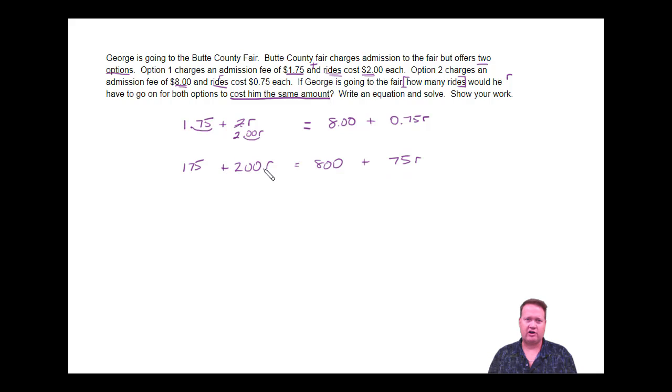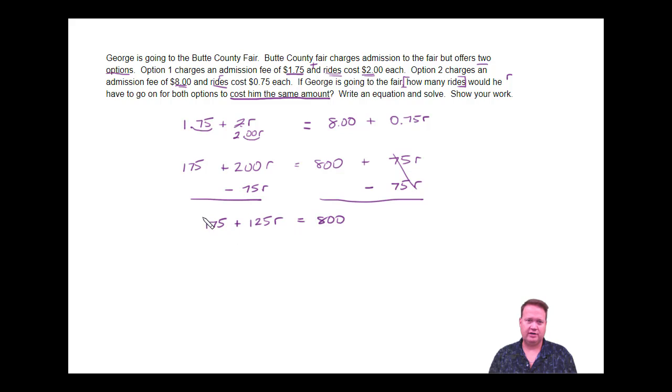Let's take a look. Which one of these variable terms is smaller? I have 200 and I have 75. So we'll go ahead and move the 75. It's smaller, and that will ensure that I'm working always with positive variables. So the 75R is gone. 800 is all that's left on the right, and that's 175 plus 125R.